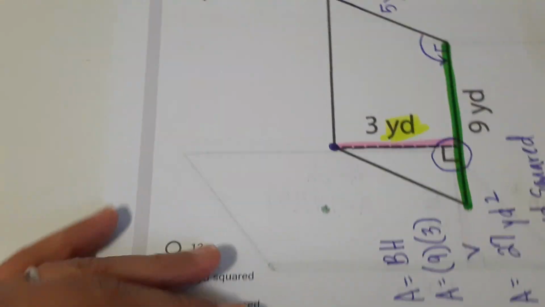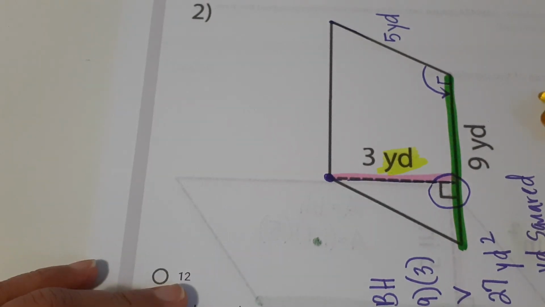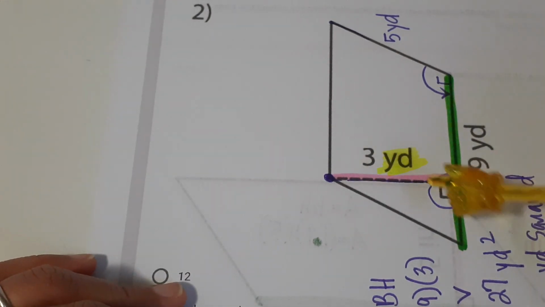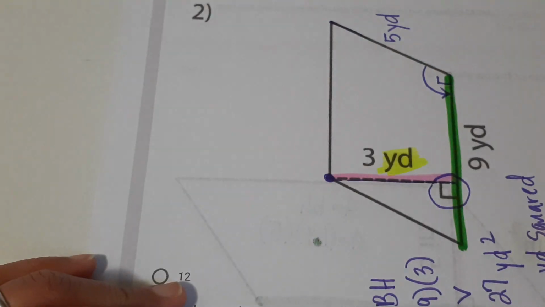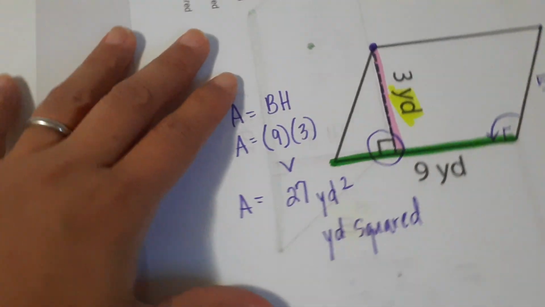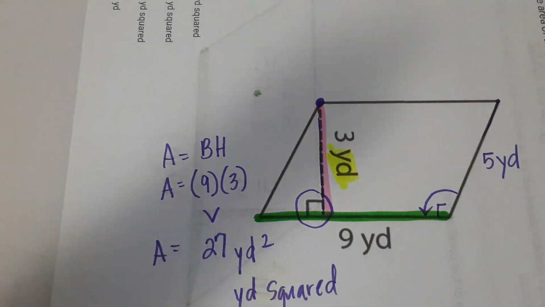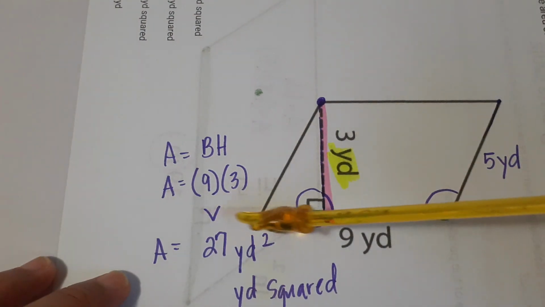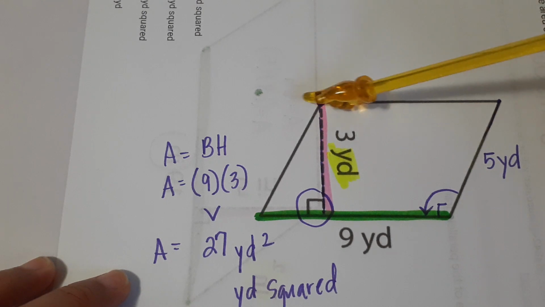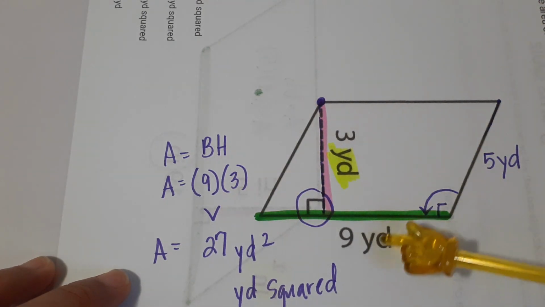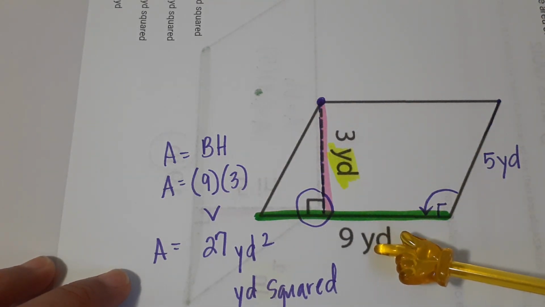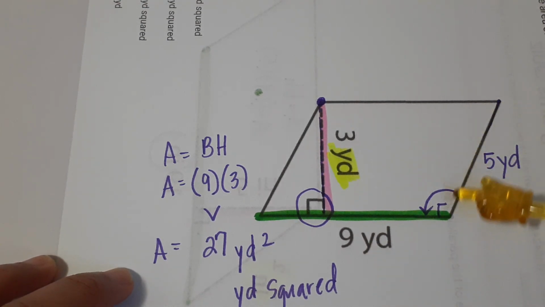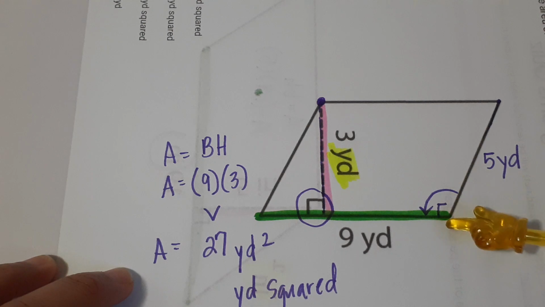Number 2 is given to you this way, but I can see that this parallelogram, they rotated it to its side. So I'm going to rotate my paper this way to make it easier for me to see. The base, top and bottom, both measure 9 yards. To find the height, I will not get confused and tricked by this number right here.